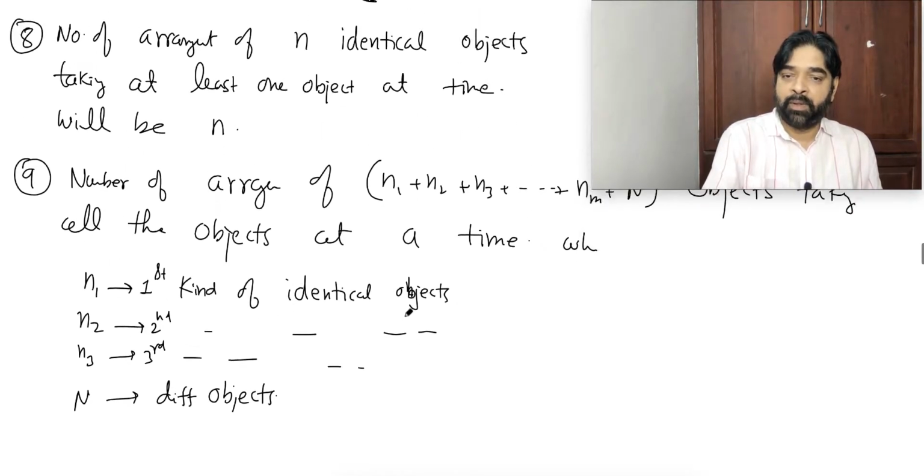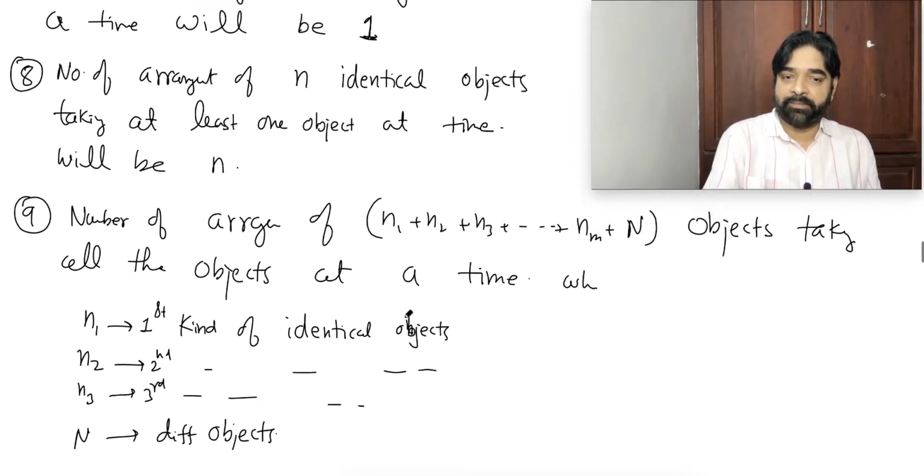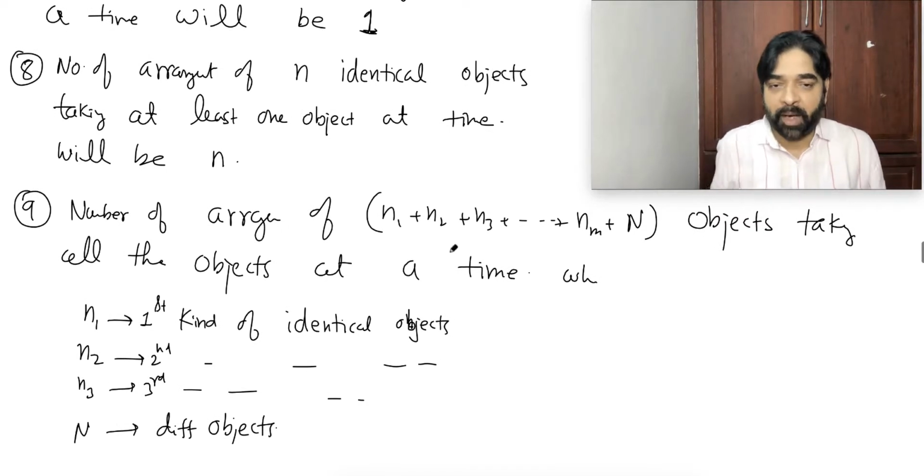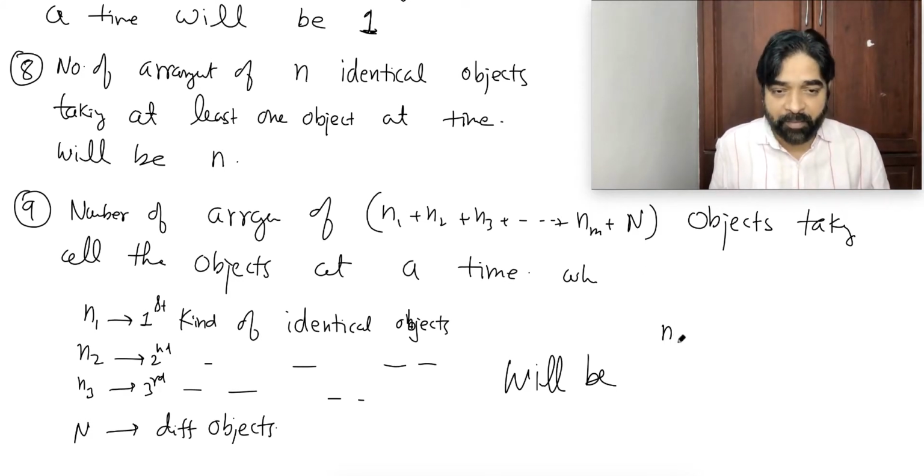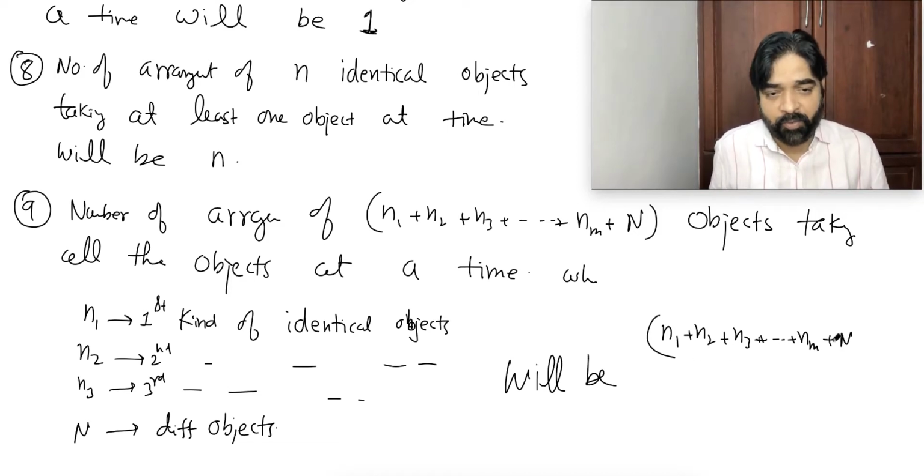Right. So here, you can speak the answer. We have to arrange these objects. First assume all are different. So it is n1 plus n2 plus n3 and so on up to nm, plus capital N, whole factorial.